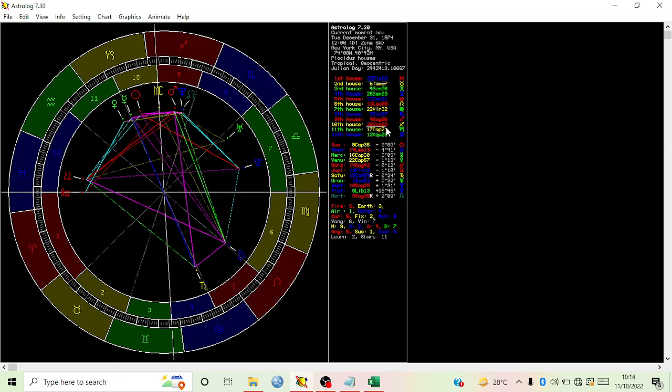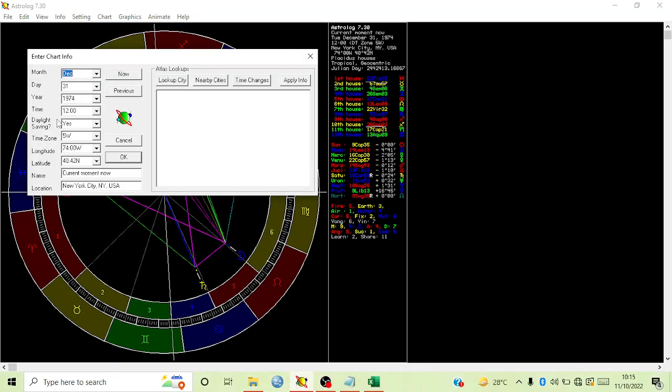Now, remember that our setting was on yes, right? On the daylight savings, it was yes. Remember? So the inaccuracies are in the fact that the houses are not set correctly.